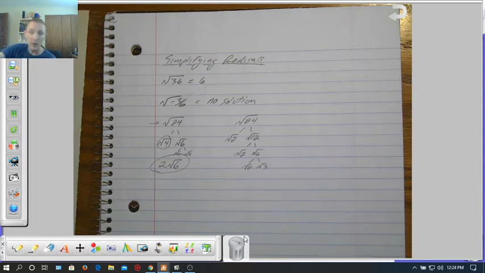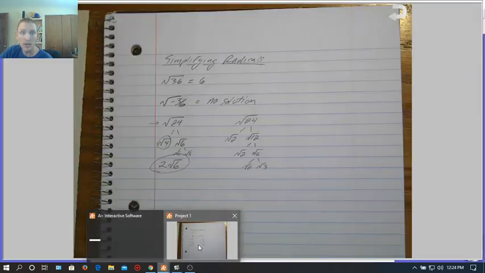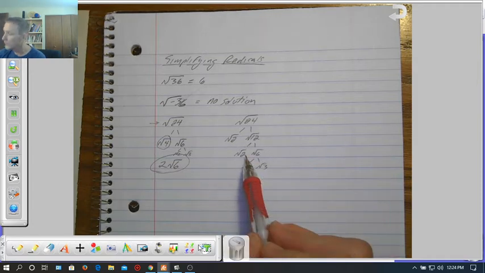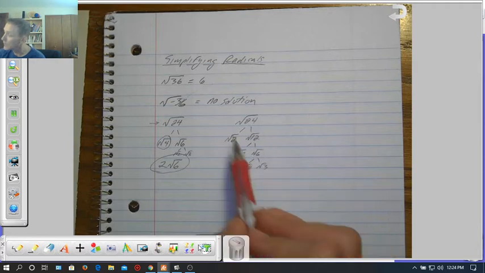But if you remember, factor out the perfect squares or find matching factors. Two numbers are freed as one, so it's like they're in jail. So all of these numbers at the end of the branch, the 2, the 2, the 2, and the 3, are all at the end of a branch. They're still all stuck in radical jail.